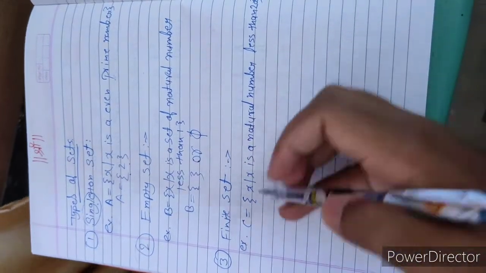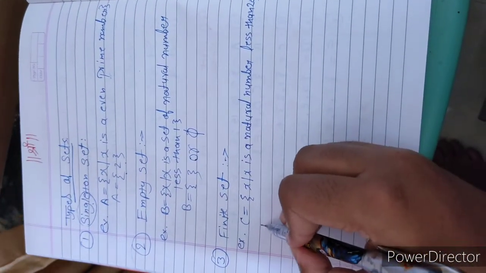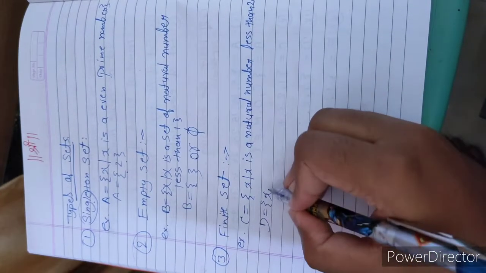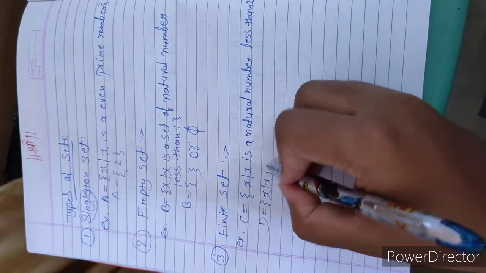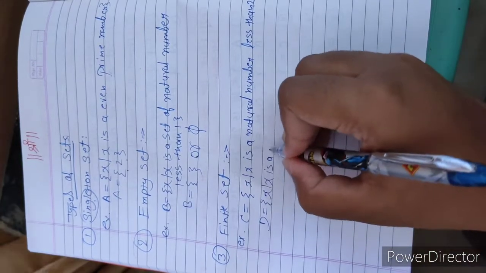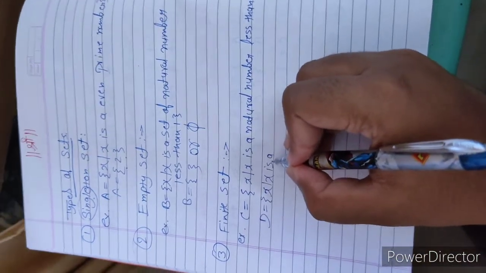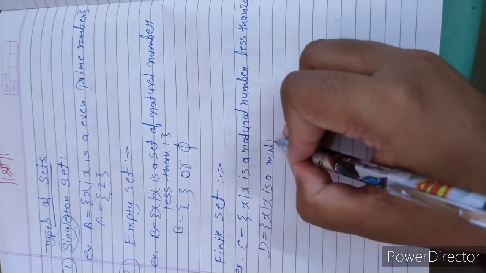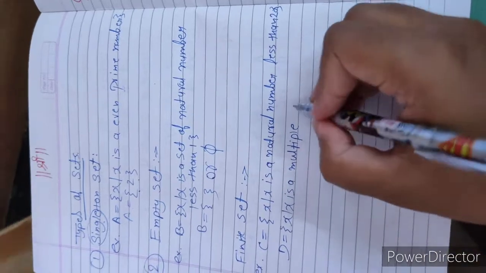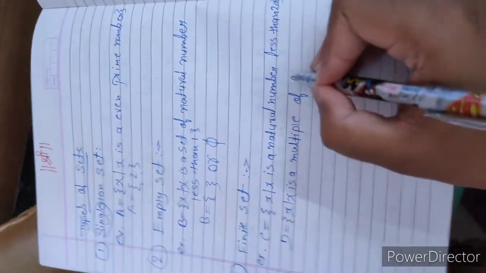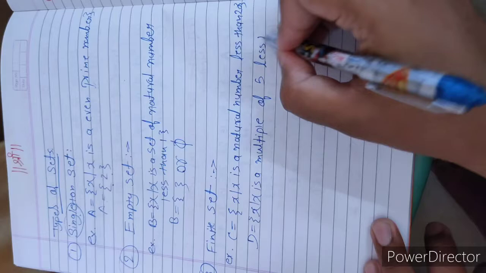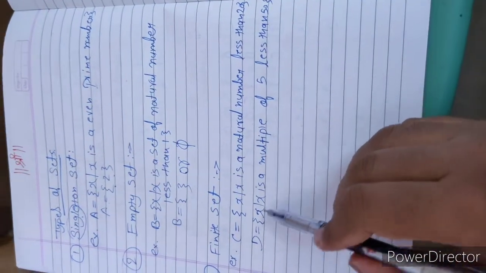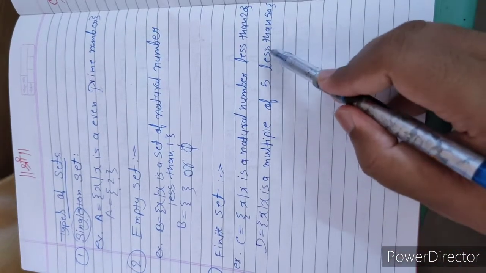Another example is D. For example, D is a set of X such that X is a multiple of 5 less than 50.